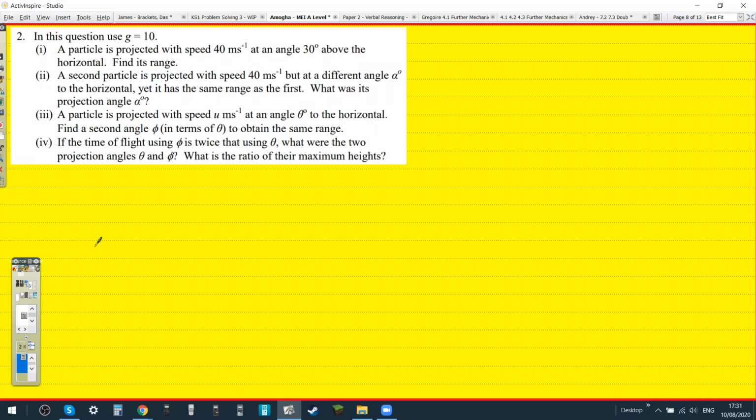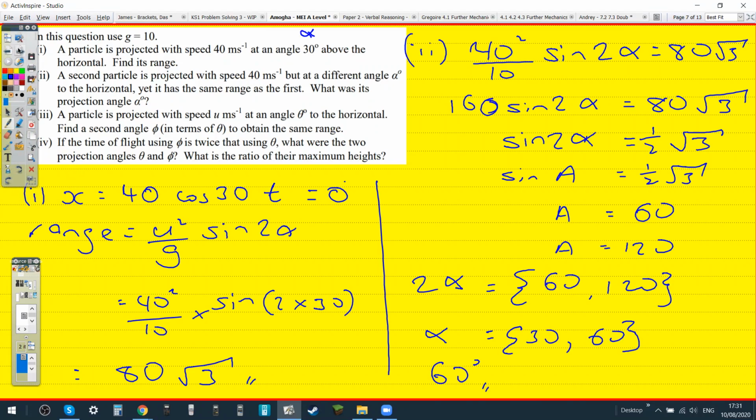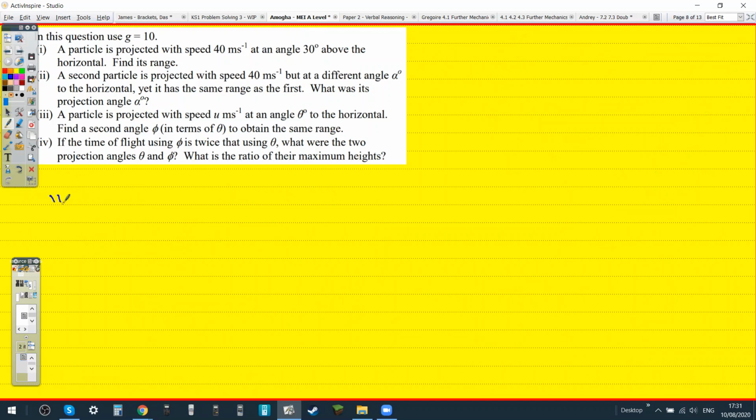Would the second angle just be 2 theta? So I think that's similar to what we just did. Yeah, it's the same question, but without any values, I think. So the particle's speed is u. We could go back to this one.